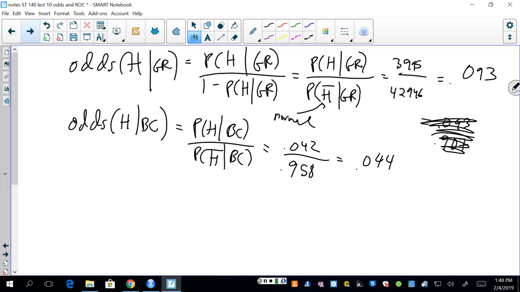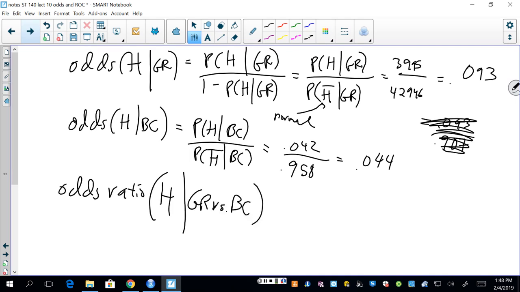Now the odds ratio is taking the odds for one group versus the odds in the other group. So the odds ratio for H, comparing the golden retrievers versus border collies. Now, I've not ever seen any conclusive notation about how people write that. It's usually in words and sentences. I usually find it confusing because the odds are the chance that it happens versus the chance that it doesn't happen for one group, and this is the chance that it happens versus doesn't happen for this group versus that group.